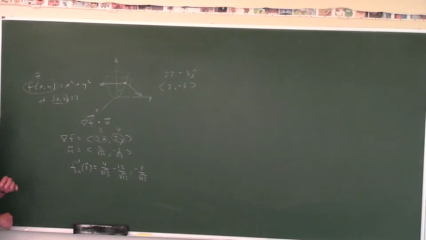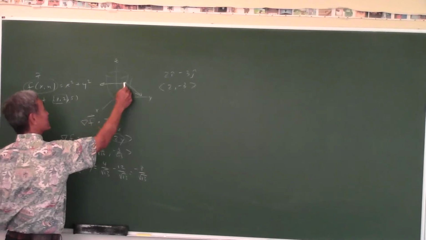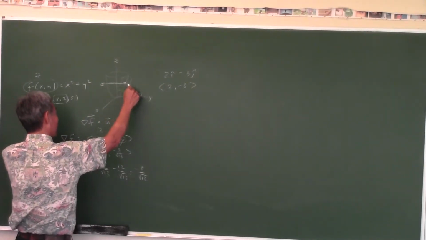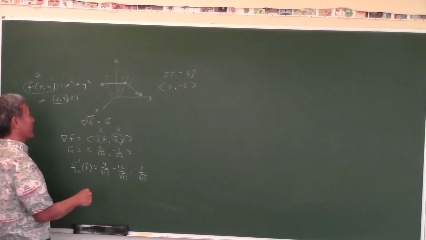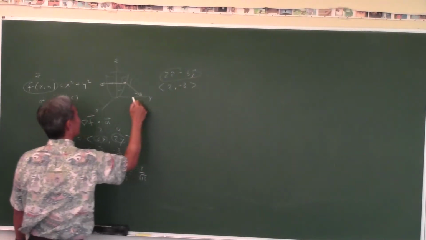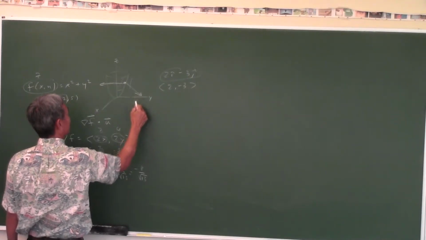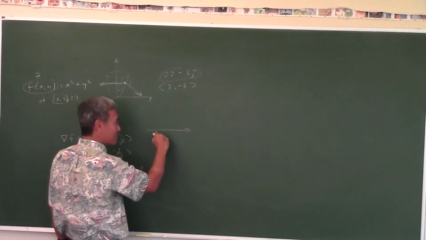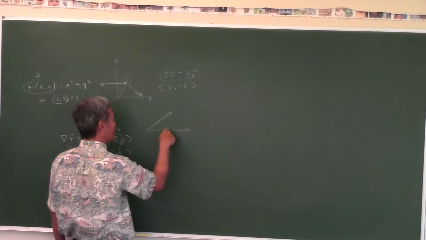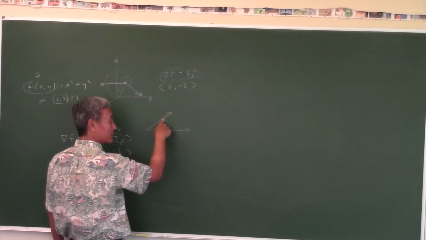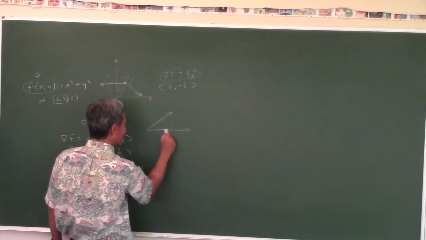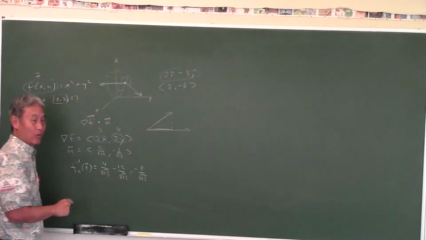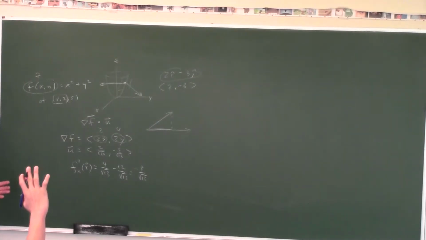It's the component of the gradient in this direction. Remember we had that problem on the test once, where I asked what is the component of this vector in the direction of this vector? That's exactly what we're doing now. That's why it's a number. It's a length, a component.